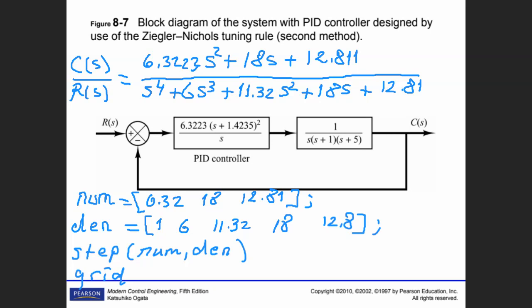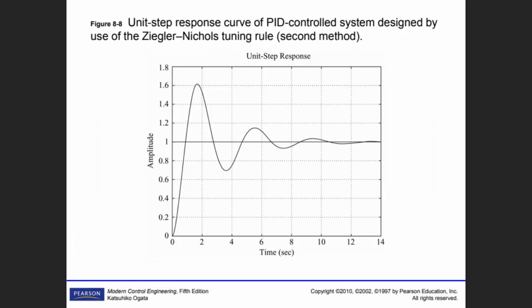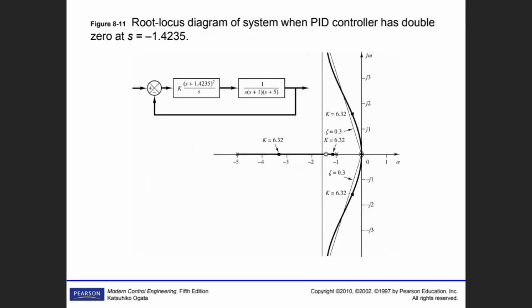When you write the step MATLAB statement, you obtain that one. That's very bad. 60% overshoot is unacceptable. What are we going to do then? And while we are looking at this, you can see that the slope is always 0.3. So you cannot reduce the overshoot without changing the curve.